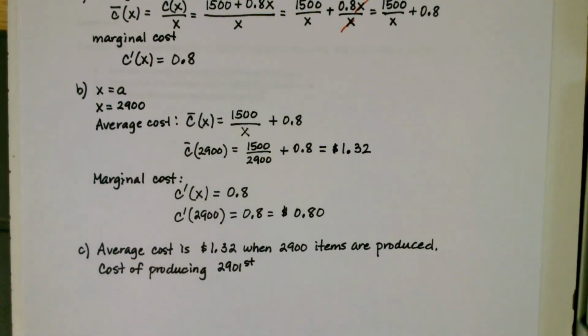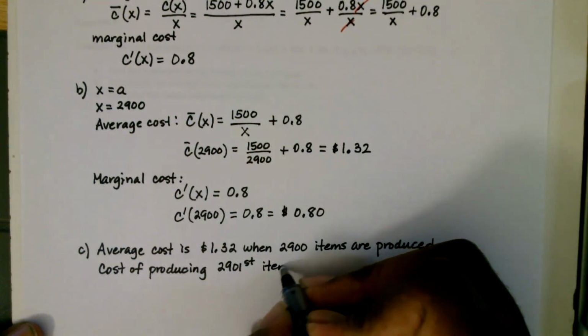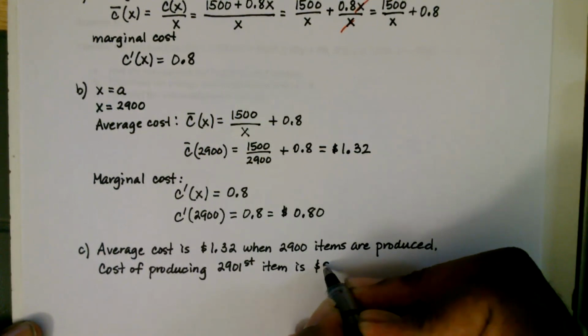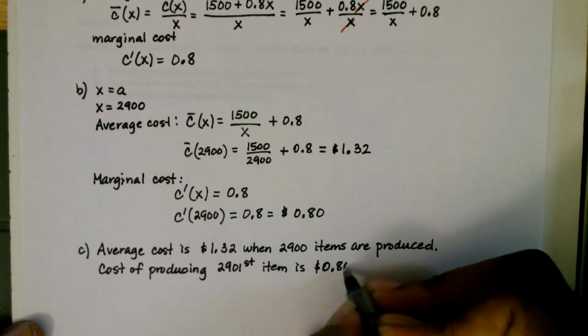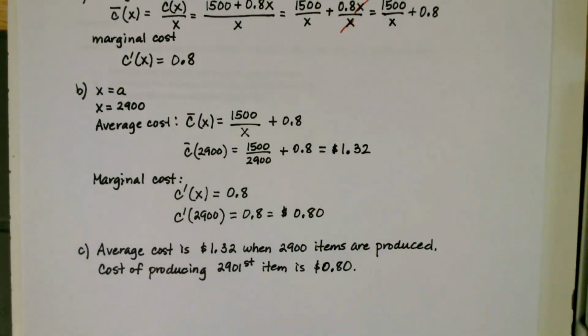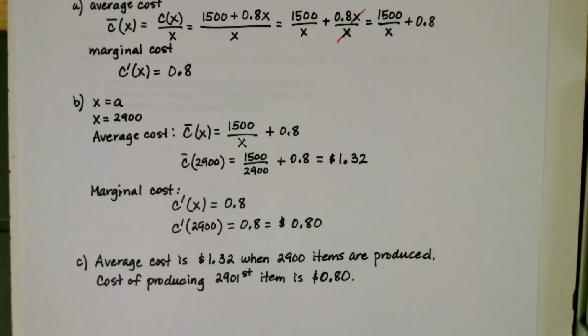So the cost of producing that item would be 80 cents. That 80 cents represents the cost of producing one additional item after 2,900 items have been produced.